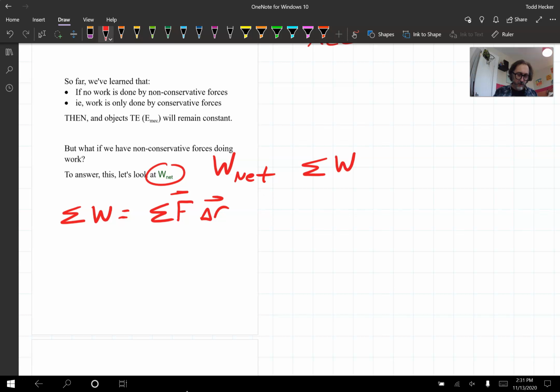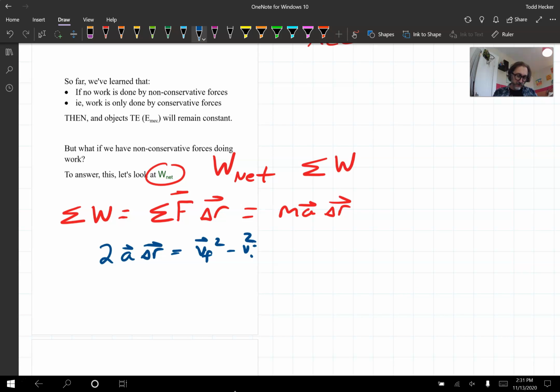Okay, but check it out. We know, because of Newton's second law, that net force is just mass times acceleration. All right. Now, notice we also know from kinematics that 2 times acceleration times displacement is Vf squared minus Vi squared. Okay?